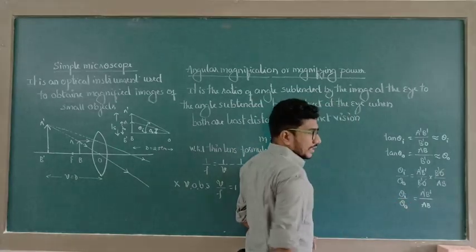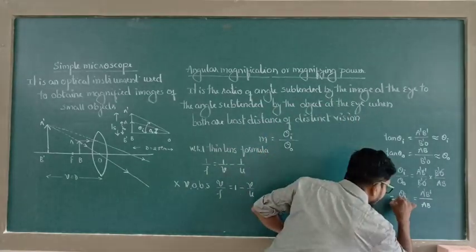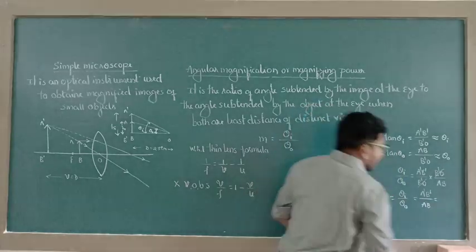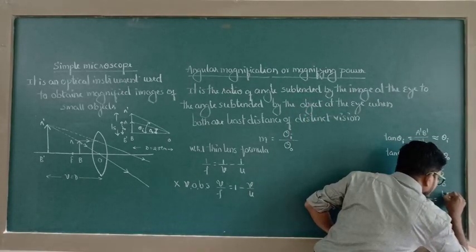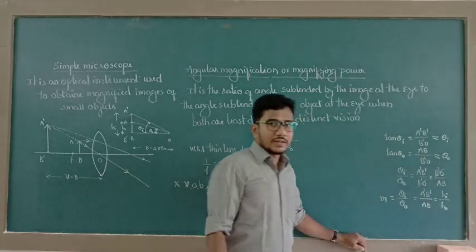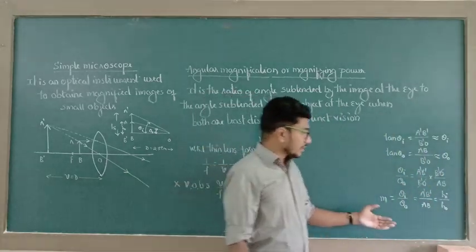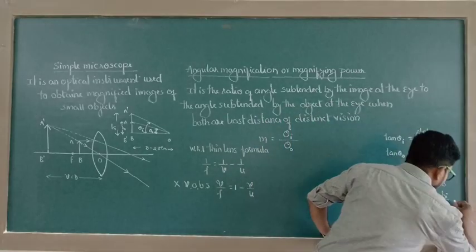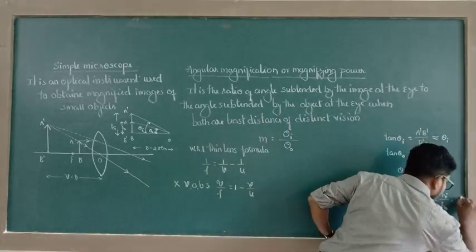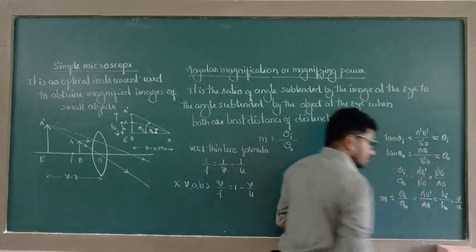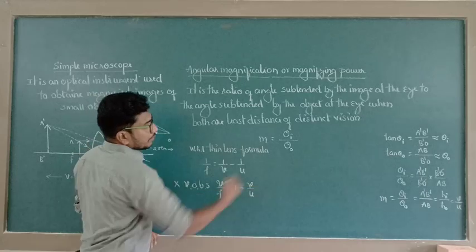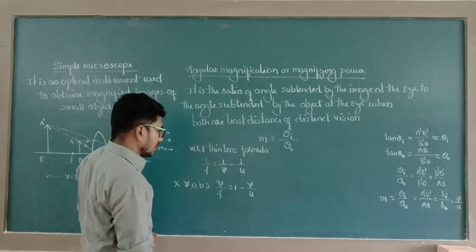Theta I by theta naught, this is nothing but magnification, A dash B dash, the height of the image, divided by the height of the object. So we can write this in terms of image distance and object distance, that is V divided by U. So here V by U is nothing but magnification.